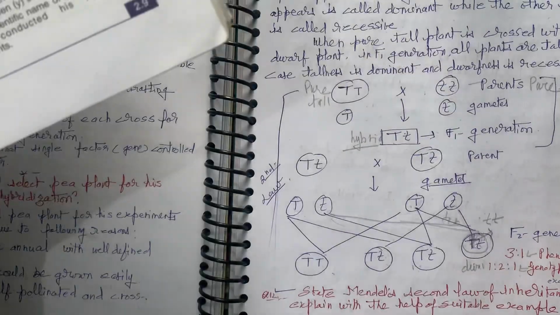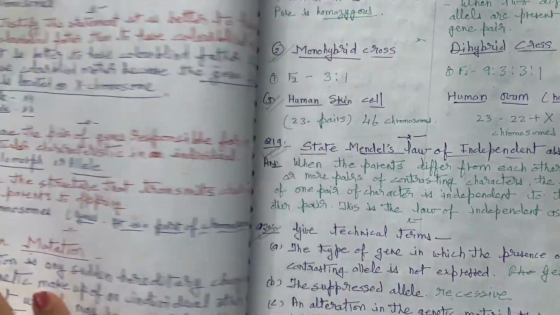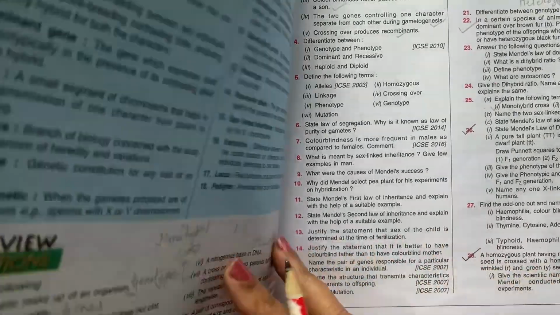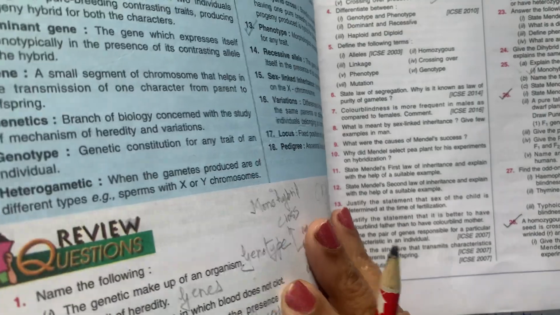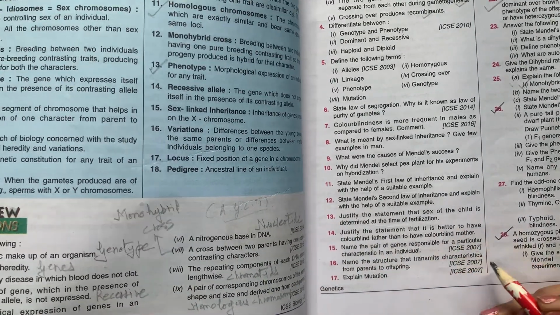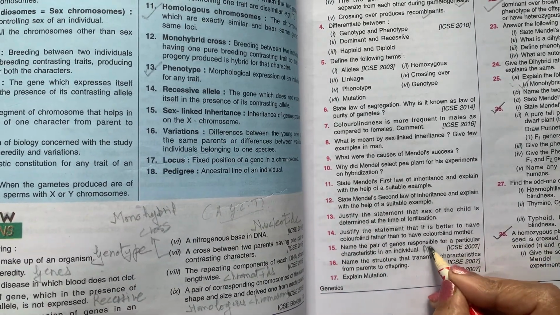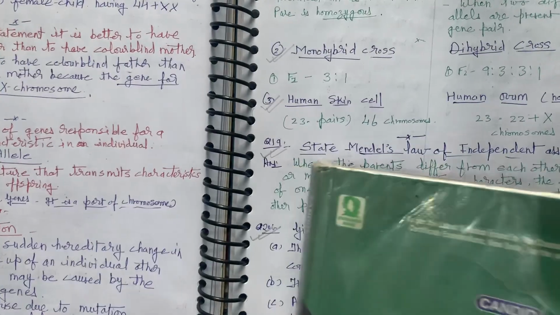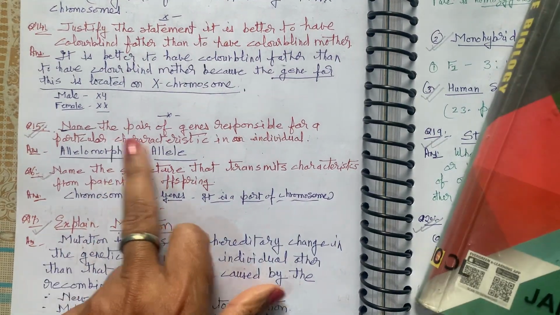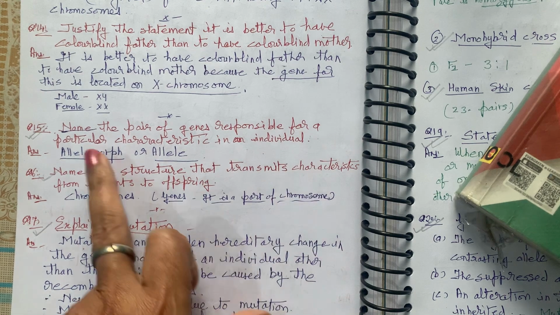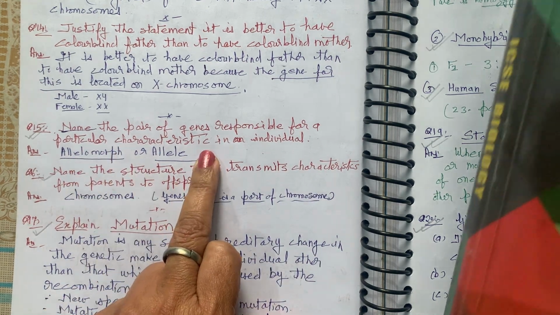These pairs which are responsible for a characteristic in an individual are known as alleles or allelomorphs. Allele, this I told you here.